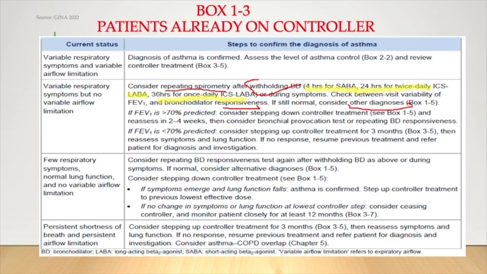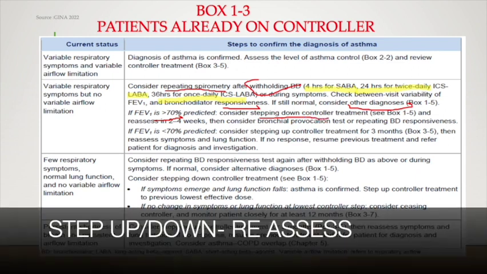Now, if this patient undergoes PFT and we find that he has a very good FEV1, more than 70% predicted, it is not low, what shall we do? We should step down his controller to avoid over-medication because his FEV1 is good, and then we must reassess him within a month and see whether this stepping down is causing any harm or the patient is still stable.